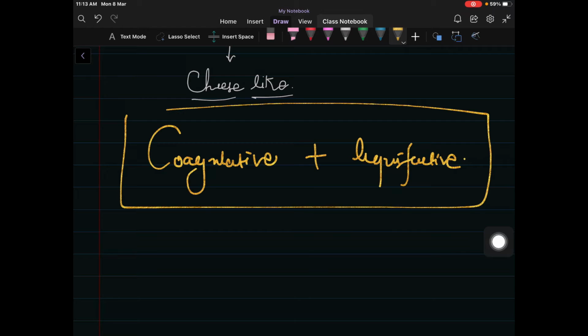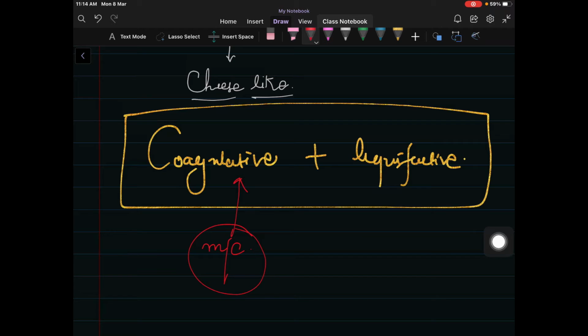Put it in a box. It is very important to know it is the clubbing of coagulative and liquefactive necrosis. Here the examiner will test your knowledge. If in the exam only coagulative and liquefactive are given as separate options, you are going to choose coagulative because it is the most common in caseous necrosis.